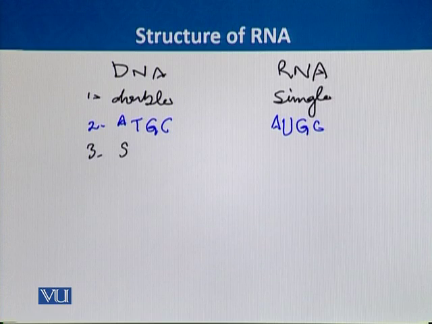The third difference is that DNA is a static molecule, and it is localized in the nucleus. On the other hand, RNA is a mobile molecule, and it moves from the nucleus to the cytoplasm.